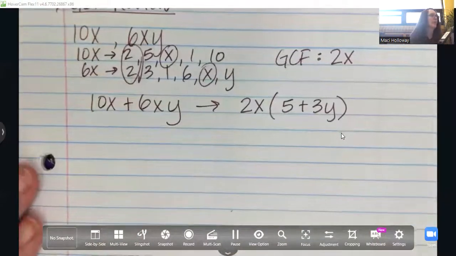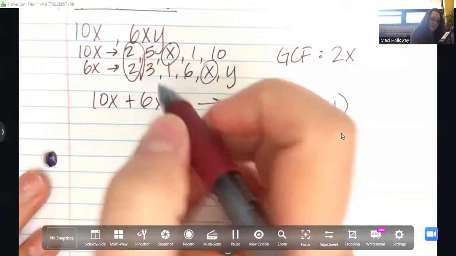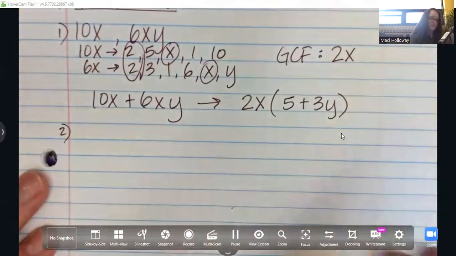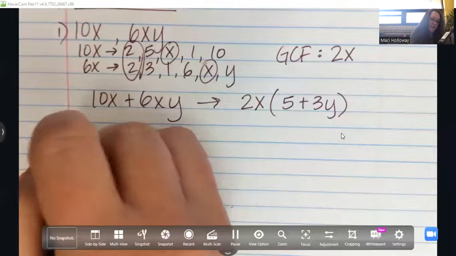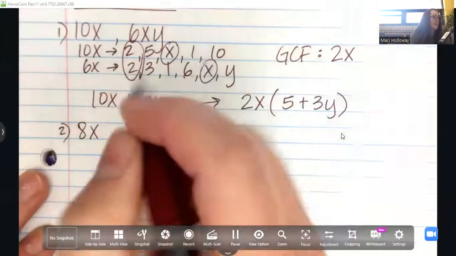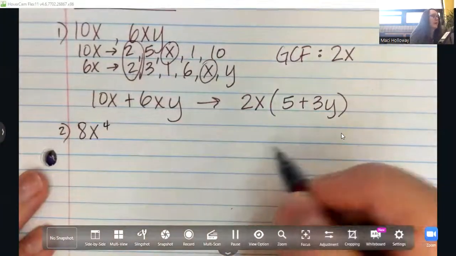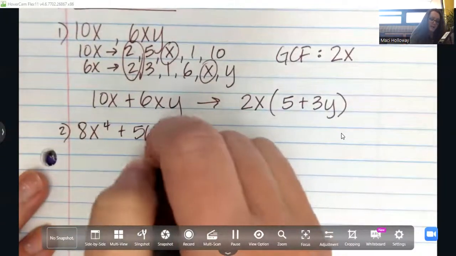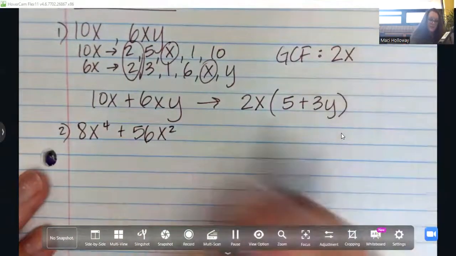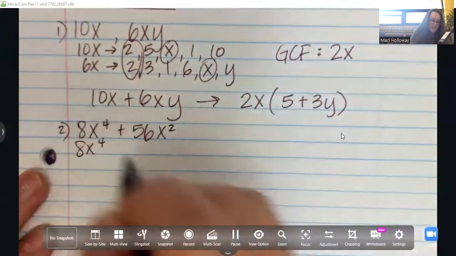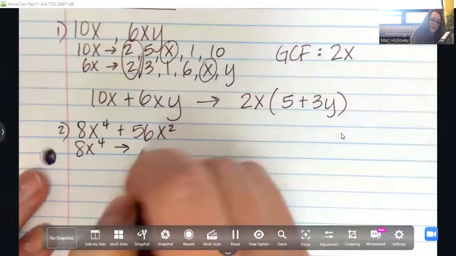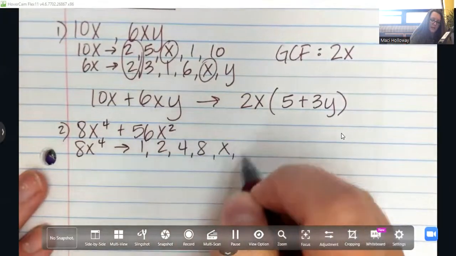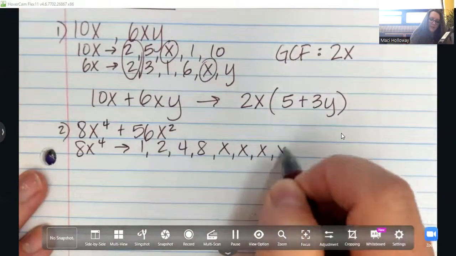Let's do another one. That was 1. Here's number 2. So let's say that I have 8x to the 4th and 56x to the 2nd. So let's list all of our factors of 8x to the 4th. So it's 1, 2, 4, 8, and 4 x's, right?